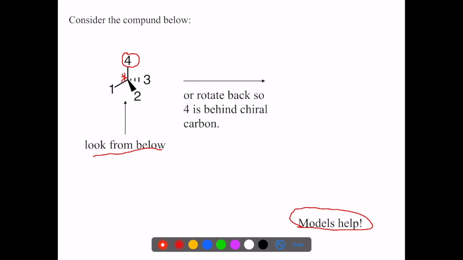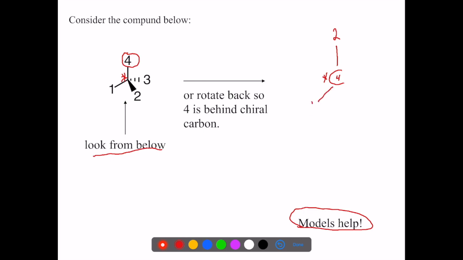The carbon with group 4 behind it. I'll make this bigger. So group 4 is behind the carbon, and this is the chiral carbon. And if you were to lie down underneath this and look up, group 2 would be going up.